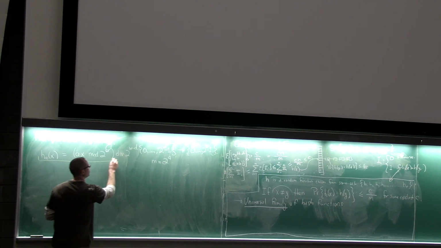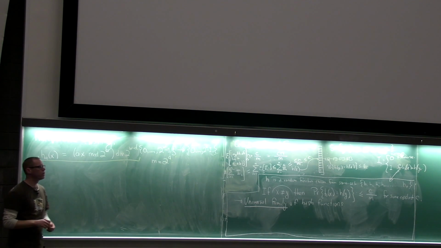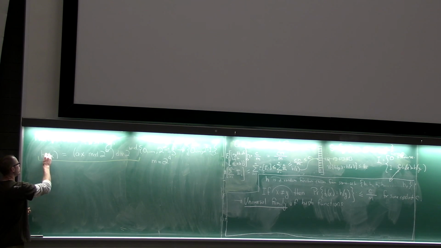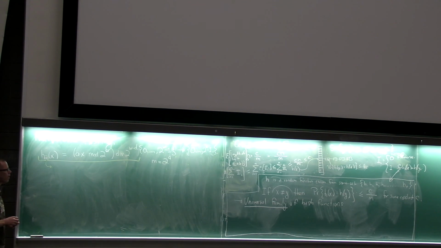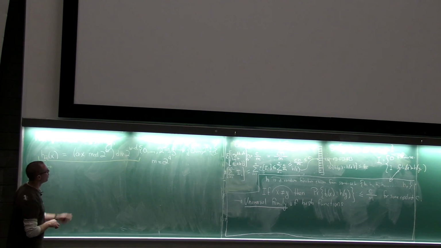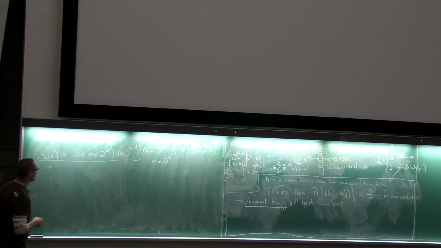Now, I promised you not just one hash function, but a whole family of hash functions that I get to choose from at random. So what's the family that you get? Where are all these different hash functions? Well, you get different hash functions by choosing different values of a. So a could be 1, or a could be 3, or a could be 17, or 43, whatever.